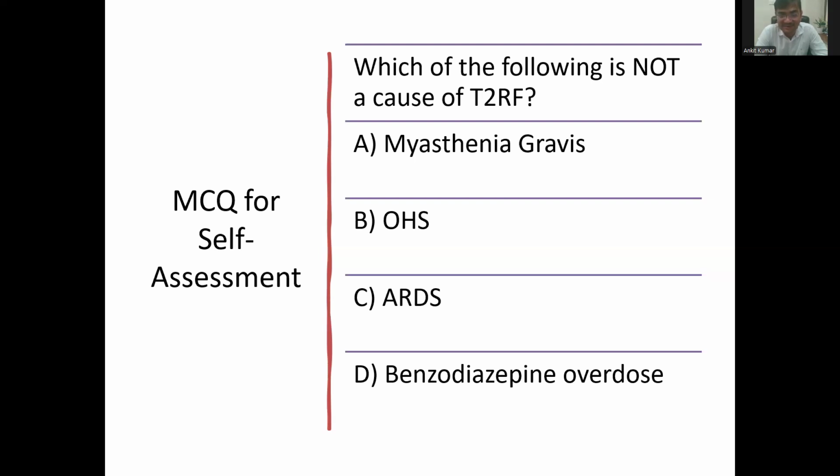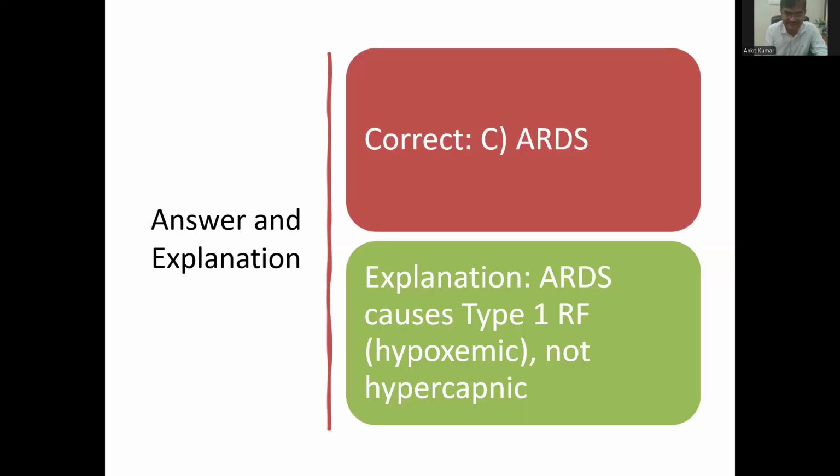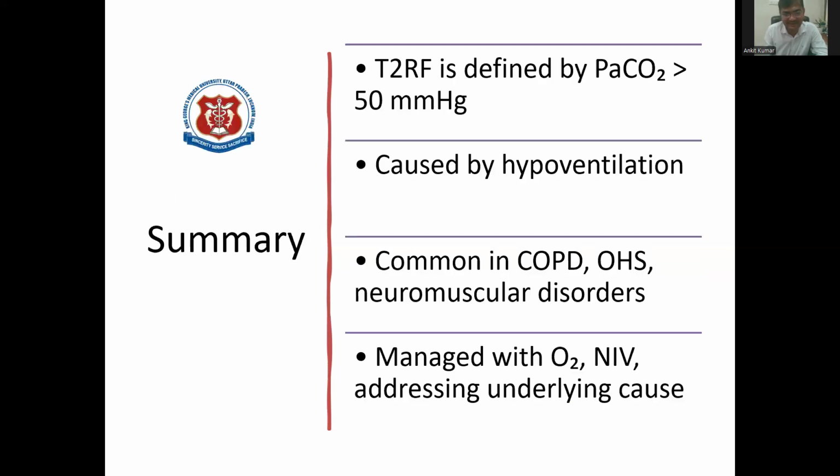If you are able to give the answer to this question, it means you are getting something from my lecture, right? Let's see what the right answer is. ARDS, right?